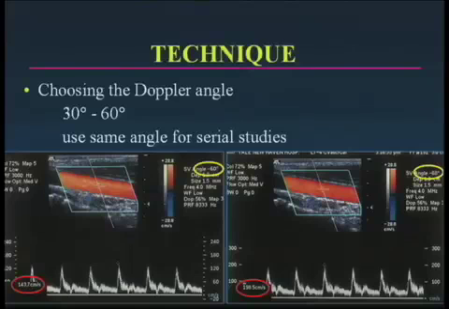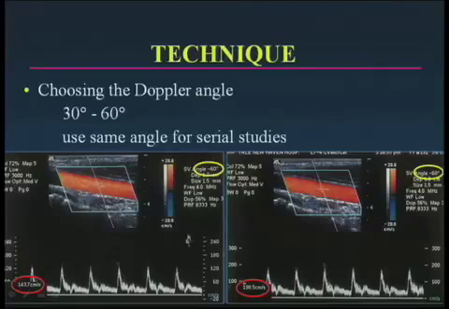A couple of important technical pointers. It's critical that you carefully choose that Doppler angle. It ought to be between 30 and 60 degrees, and as I mentioned, you should try and use the same angle for serial studies. If you make the measurements with a Doppler angle greater than 60 degrees, it tends to artificially increase the peak systolic velocity, and this is an example demonstrating that.